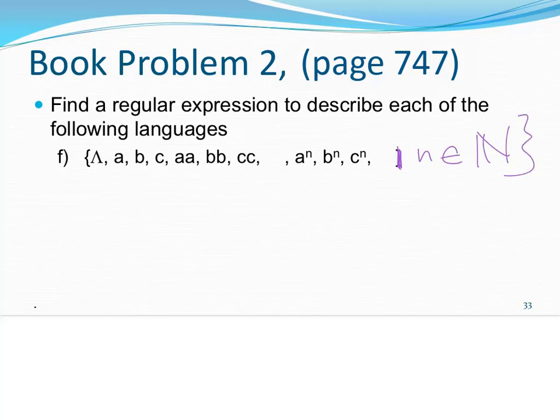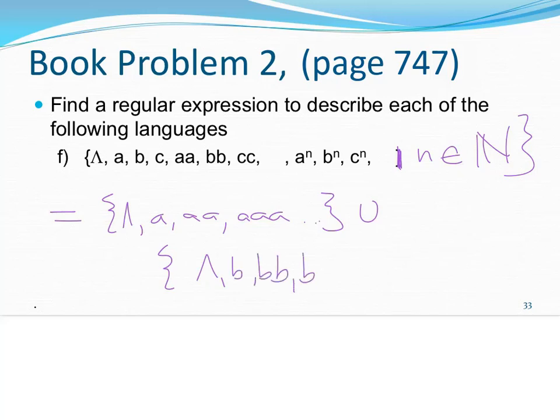So can you think of what the regular expression is that corresponds to this particular language? I'll give you a hint: this language is exactly the same as this one, unioned with this one, unioned with this one. And before, oops, that should be 2 C's, 3 C's, and so on.